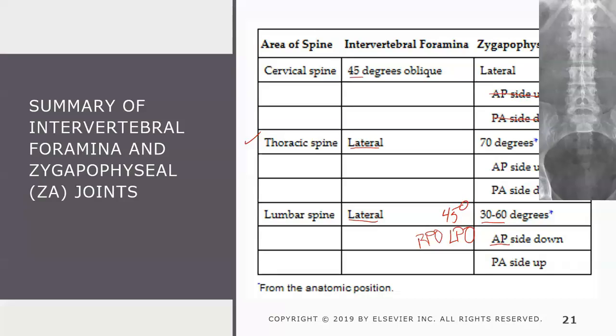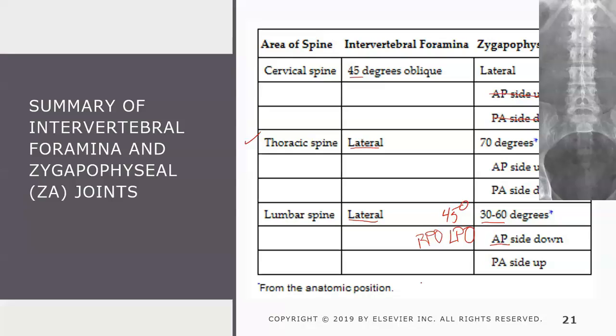So for the cervical, the AP side up and PA side down is for the obliques. Correct. I have to visualize it in my head because I do a PA and I know I'm looking at the side closest to. I just know that.